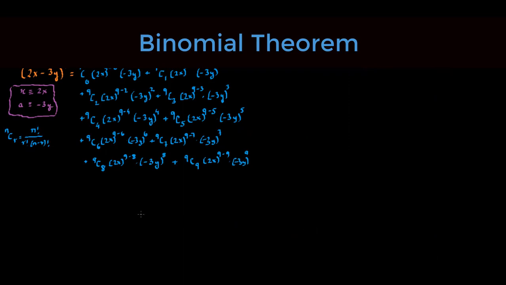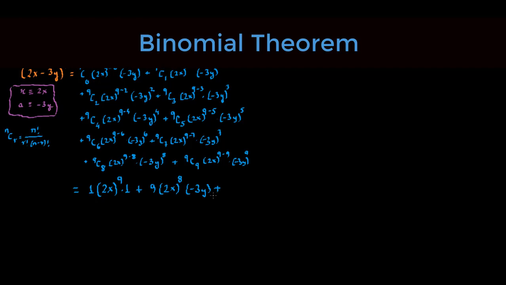Okay, looks good. So this would be 9C0 is 1 times (2x) whole raised to the power 9. Then we have negative 3y raised to the power 0, which is always 1. Anything raised to the power 0 is considered 1. Plus 9C1. If you use a calculator, 9C1 gives us 9 times (2x) raised to the power 9 minus 1 is 8, and this will be simply negative 3y.